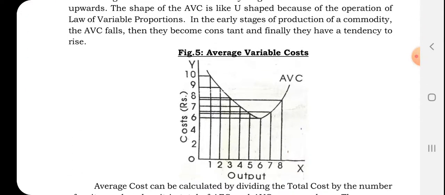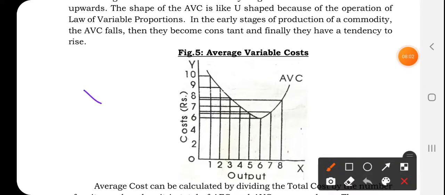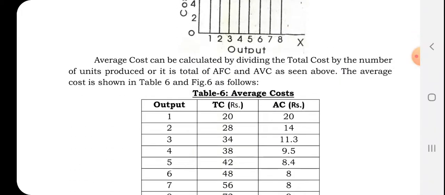You can see that the average variable cost is U-shaped, resembling the English alphabet U, which means that in the beginning the cost comes down, but after reaching a minimum point it starts rising. This decrease is because of increasing returns to a factor, and the increase is because of decreasing returns to a factor.